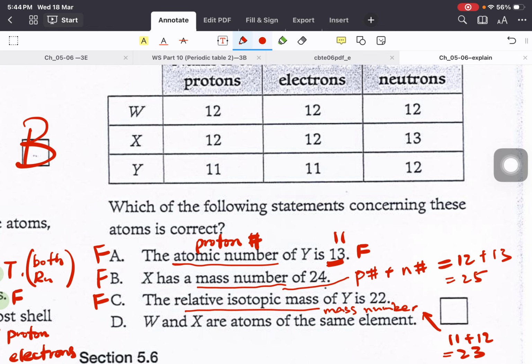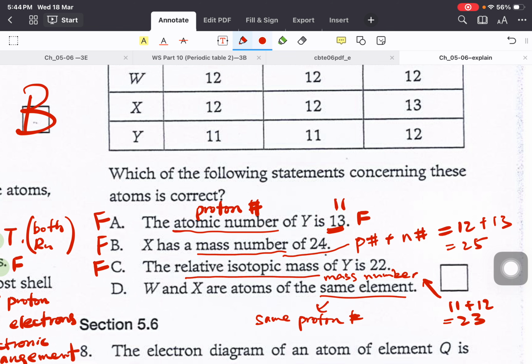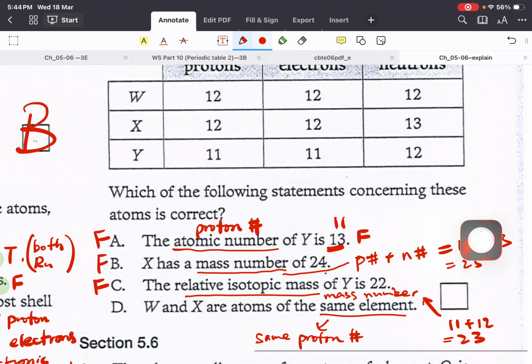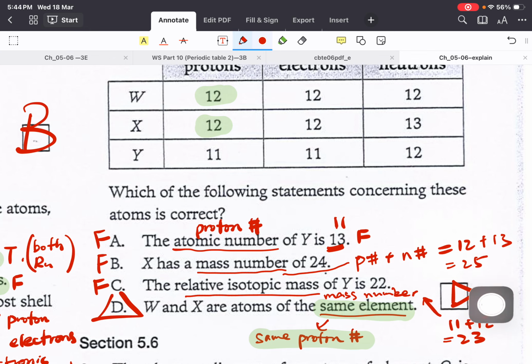So it's wrong again. Well, the answer is D, but let's look at it. W and X are atoms of the same element. Same element means same proton number. So let's look at W and X. W 12, X 12. Same number of protons, same element. Correct. So the answer is D.